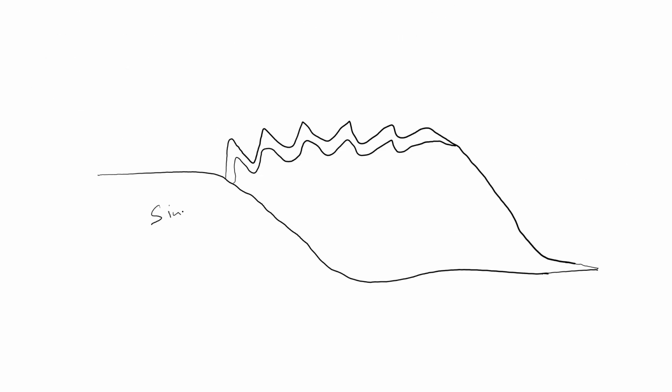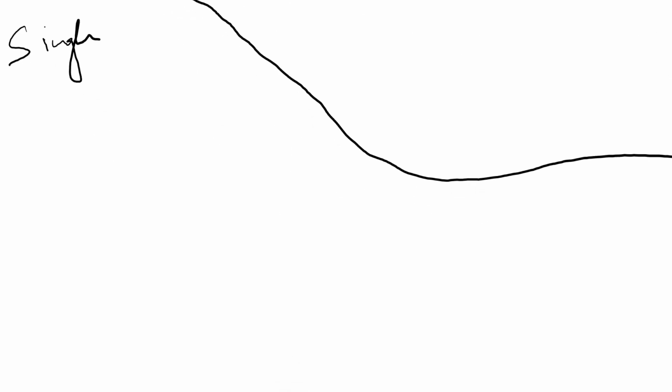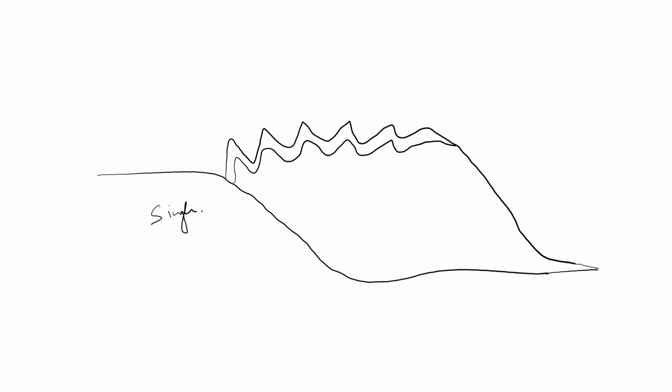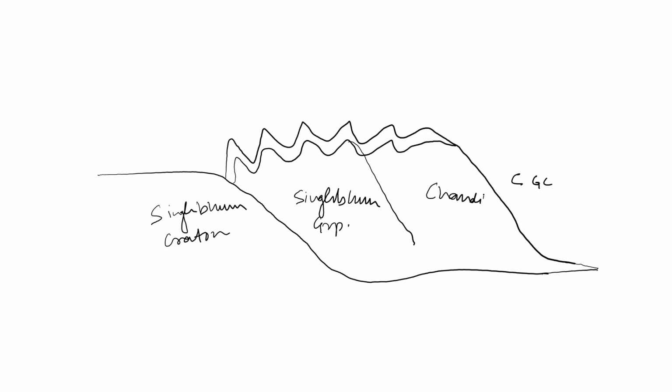So this was the Singhbhum Craton. Then Chota Nagpur Gneiss Complex over here. This was the Singhbhum Group. This was the Chandil Group.